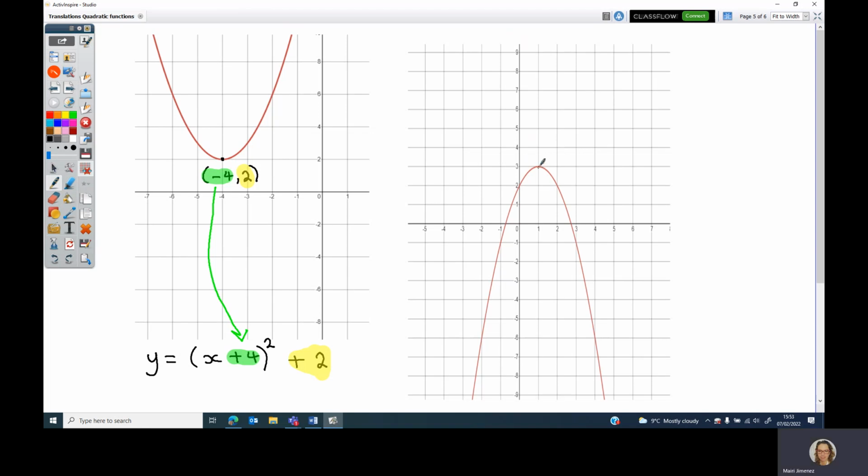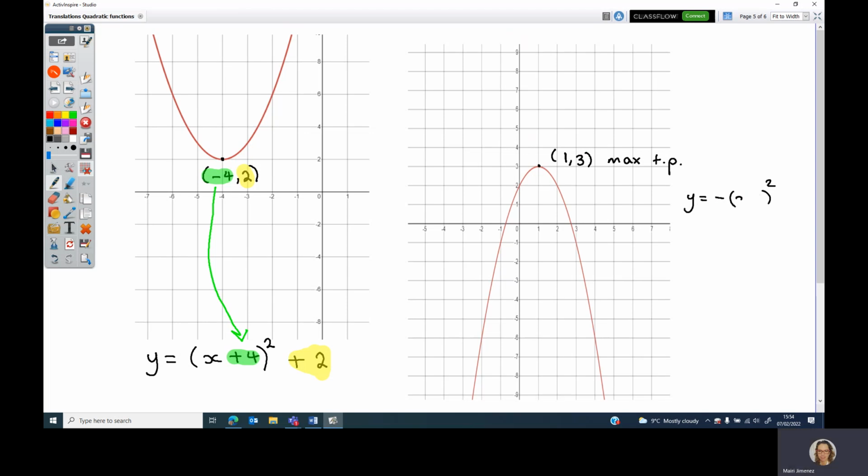The next example has turning point 1, 3, but that's a max TP. So if it's a maximum turning point, you're going to have to insert negative in front of the bracket. So our number is 1.